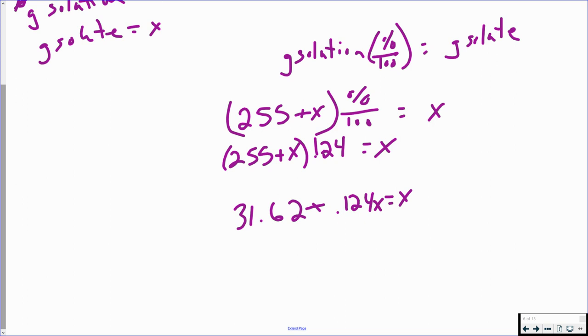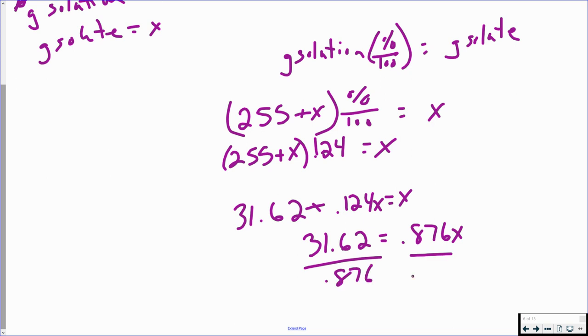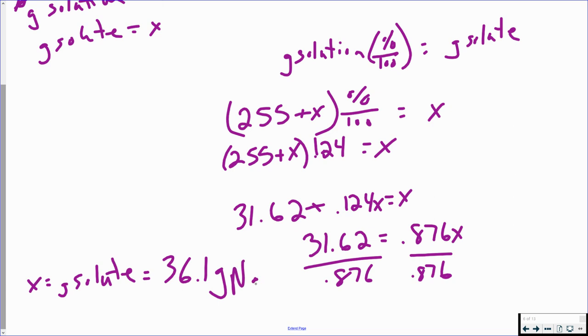Put all like terms on the same sides. And then finally divide. Giving us x, which is grams solute, equal to 36.1 grams of NaOH.